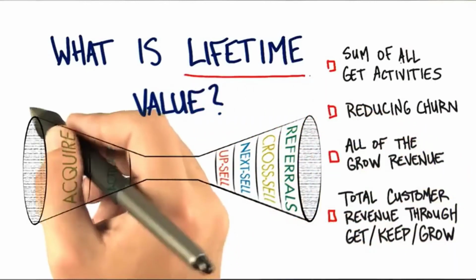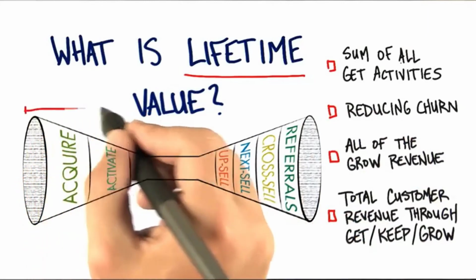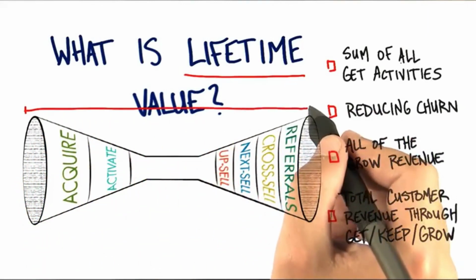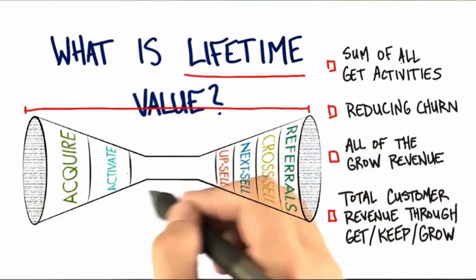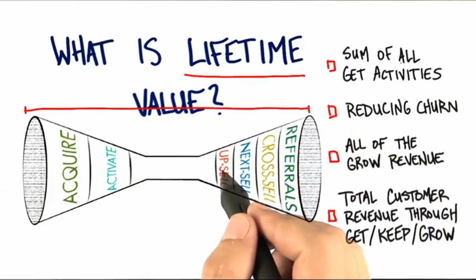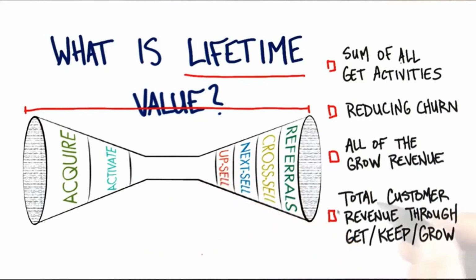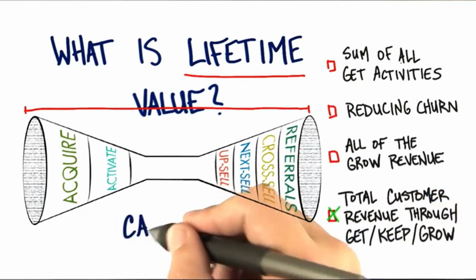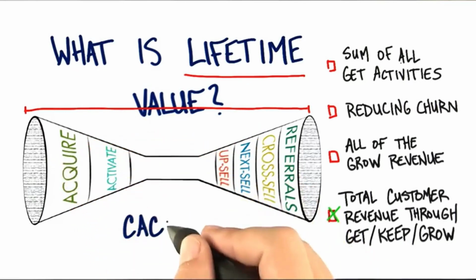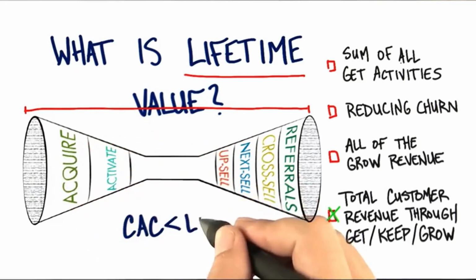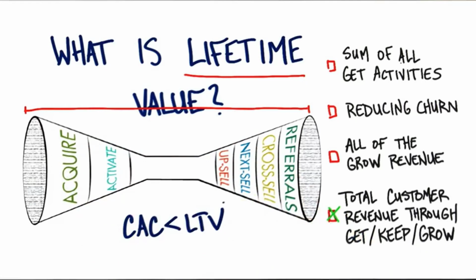What's the sum of all the revenue from day one purchase through keeping them, through all the grow activities you'll undertake? So lifetime value is the customer lifetime value from beginning to end. And just as a note, remember, customer acquisition costs, the part over here, needs to be less than customer lifetime value. That's how you stay in business and become a valuable company.